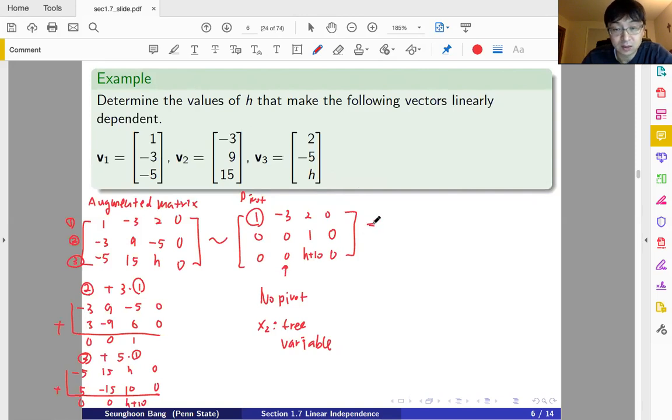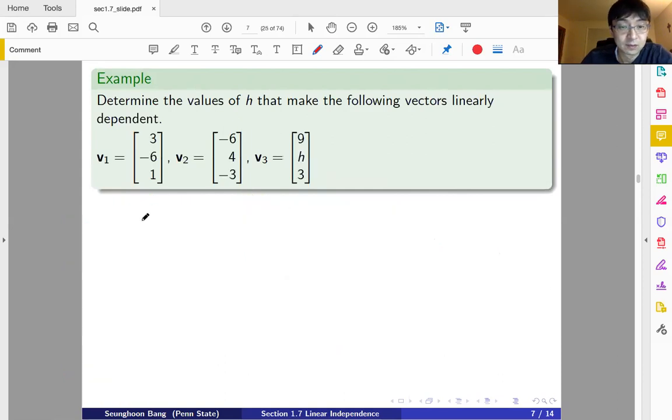So this is linearly dependent for any real number h. This is the answer: h is any real number.